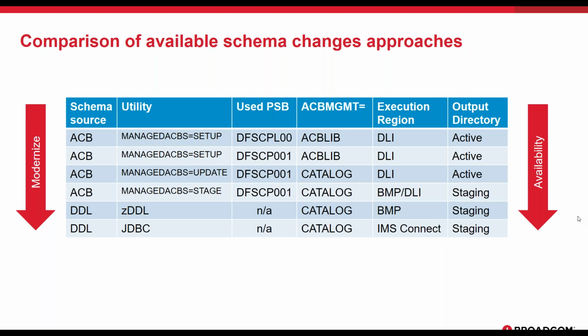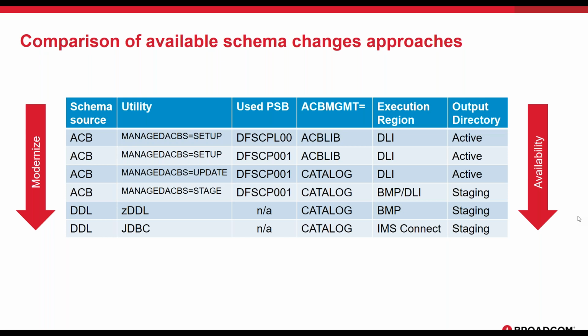And as well, if we go again right to execution reader region, sorry, you can see how your updates are being applied, whether in a DLI, which means basically offline, catalog typically needs to be exclusive to the updating utility, through the BMP to more online system.